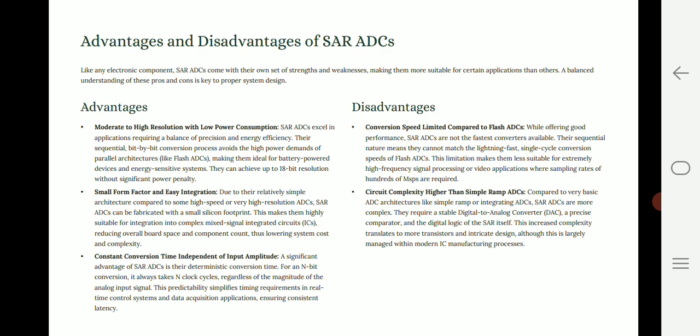And coming to the disadvantages, there are mainly two. The first one is the conversion speed limited compared to flash ADC. This is the most important. And the second is circuit complexity higher than the simple ramp ADC. So let me explain the conversion speed limited compared to flash ADC.